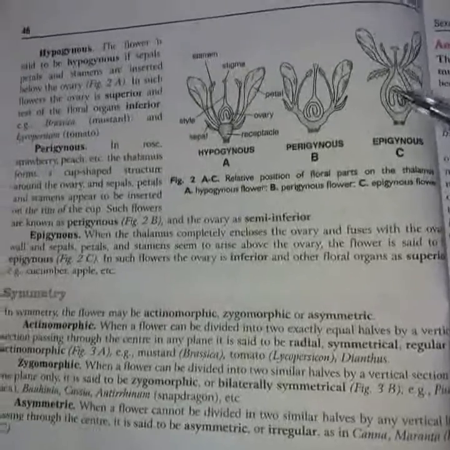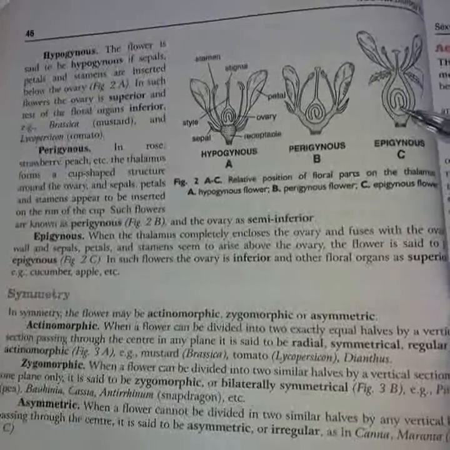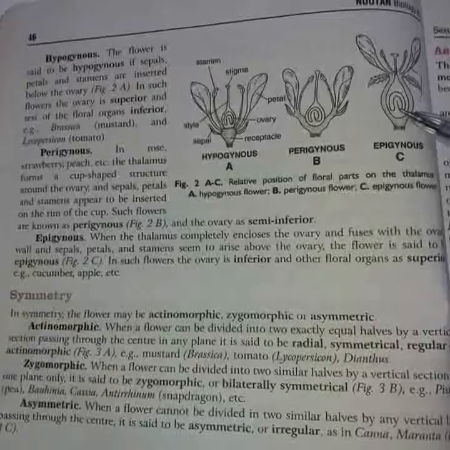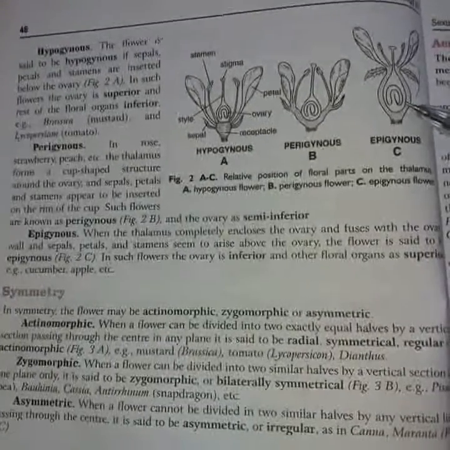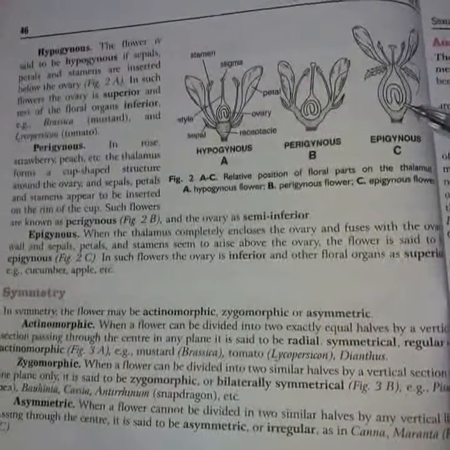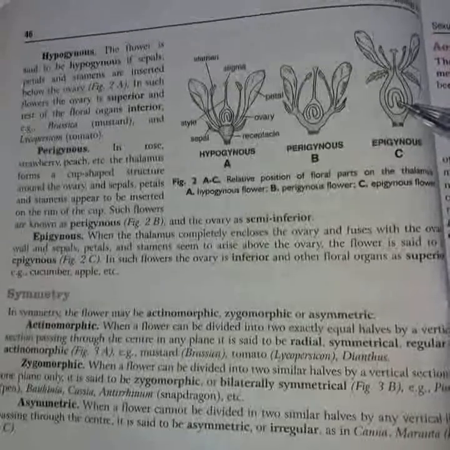This type of ovary is called inferior ovary. Apple and cucumber contain inferior ovary.